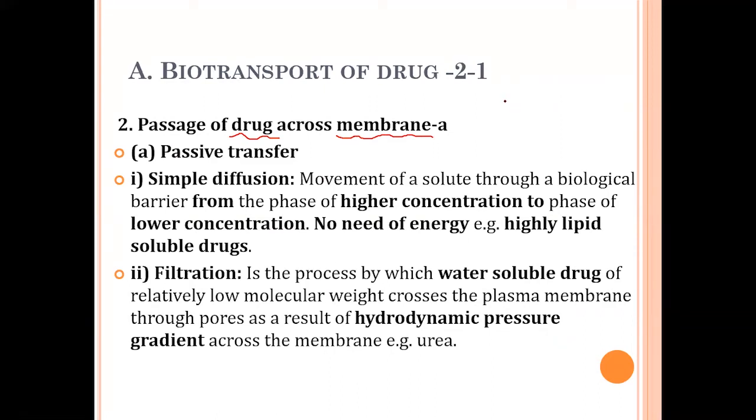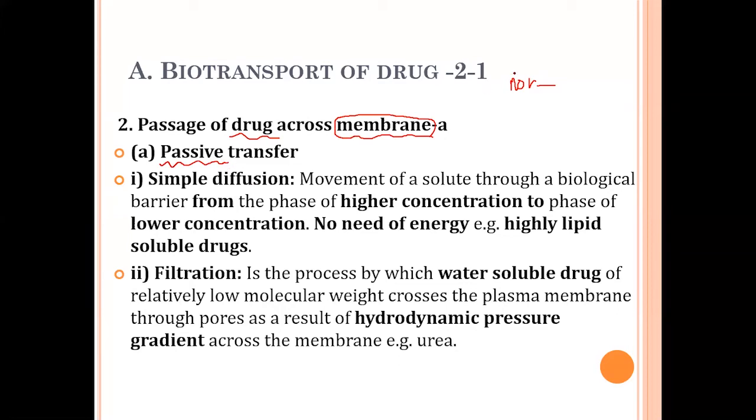In our physiology class, we talk about the normal function of the body, like any materials passing through the cell membrane. They have two big different ways. One way we call the passive way. One way is the active way.